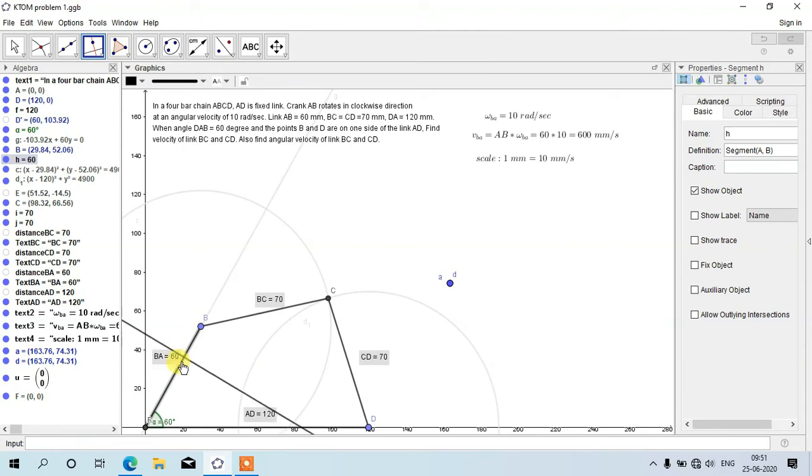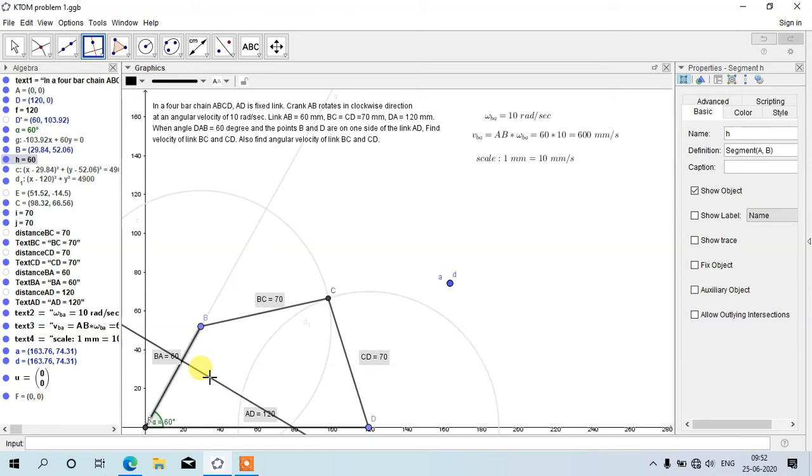If I want to find the direction of velocity of this link AB, then this velocity will be perpendicular to the link AB. You can see over here, this line I am showing is perpendicular to link AB.